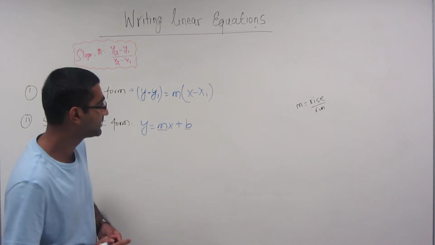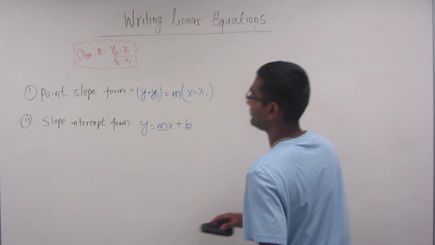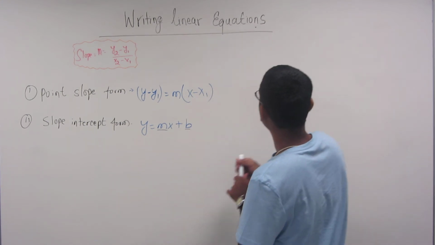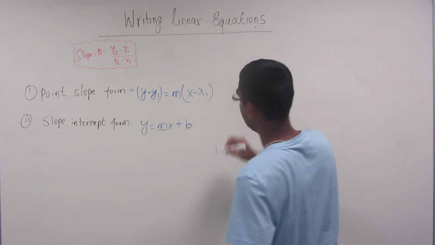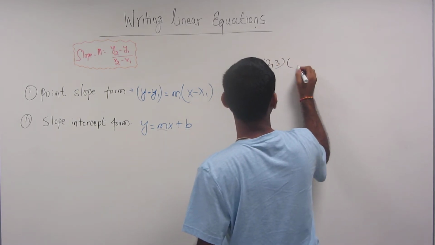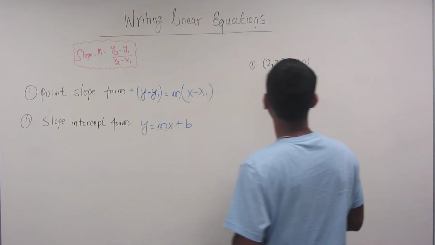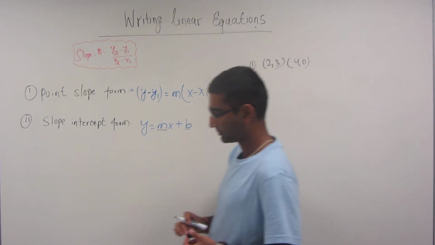Okay. Now let's look at an example to talk about the first one. All right. So the first one I'm going to do is (2, 3) and (4, 0). Okay. So we have 2 points.